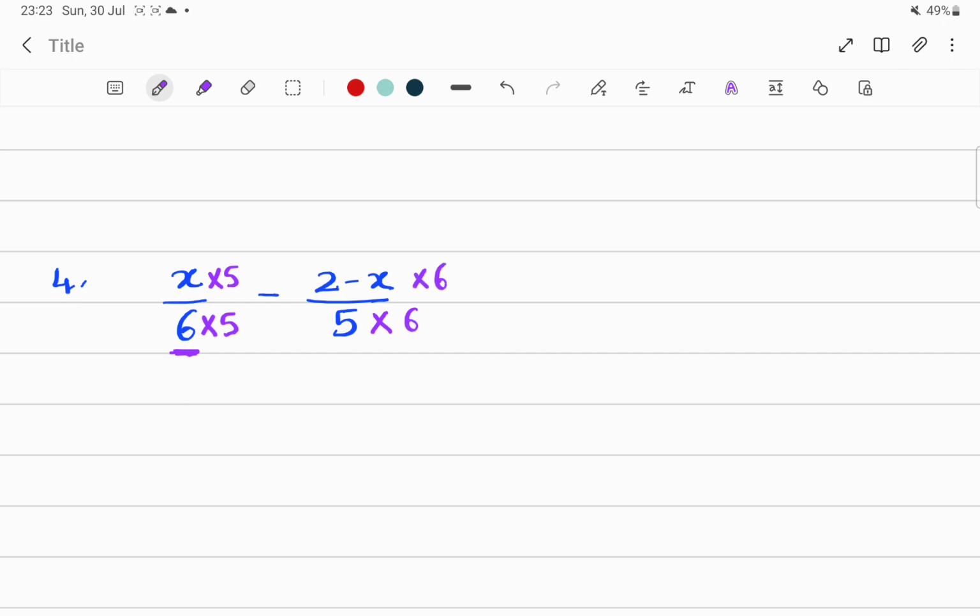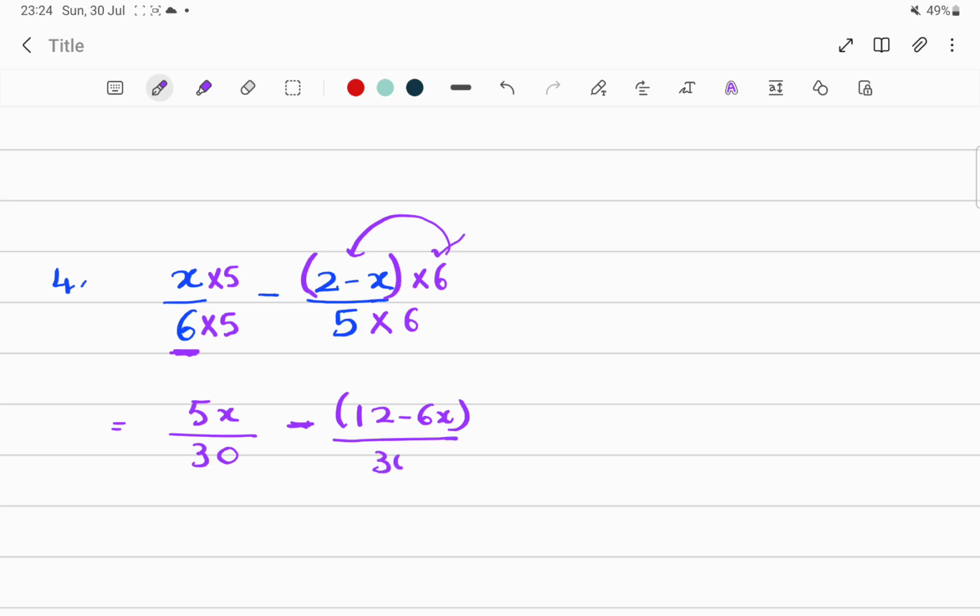Make sure when you are writing multiply by 6 you enclose it in brackets, because now here we have two terms which we need to multiply by 6. Now I got 5x divided by 30 minus, keep this minus outside and multiply with 6, so it will be 12 minus 6x. This is very important, do not open the brackets, go step by step.